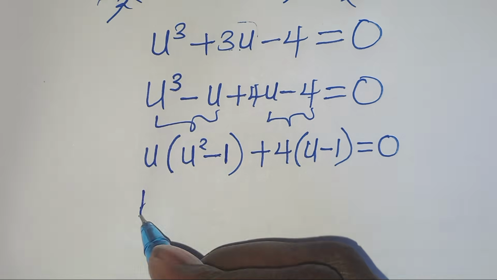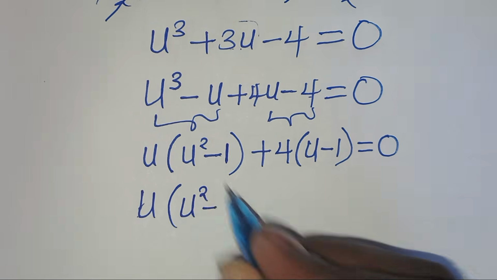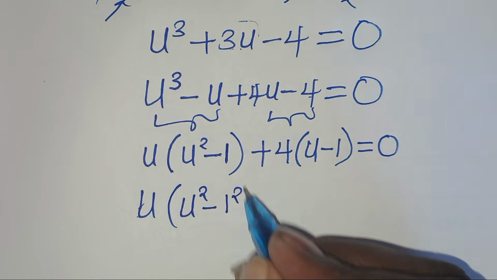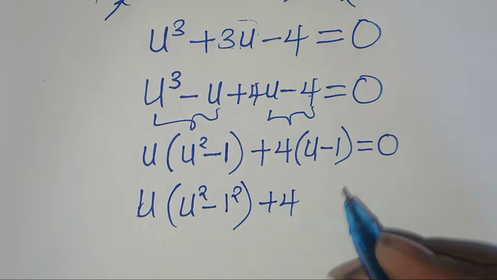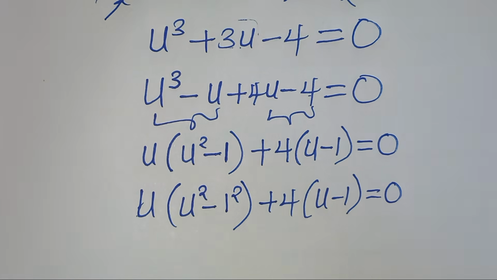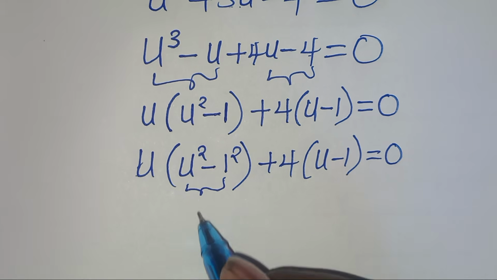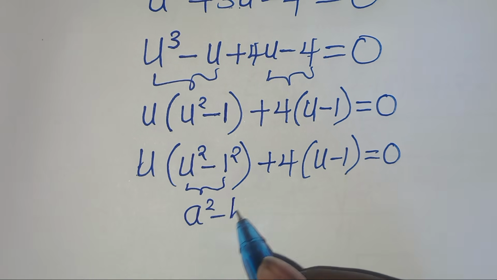Now we have u into the parentheses. This is u squared minus, we can express 1 as 1 squared, then plus 4 multiplied by u, subtract 1, equal to 0. U squared minus 1 squared is in the form of a squared minus b squared.